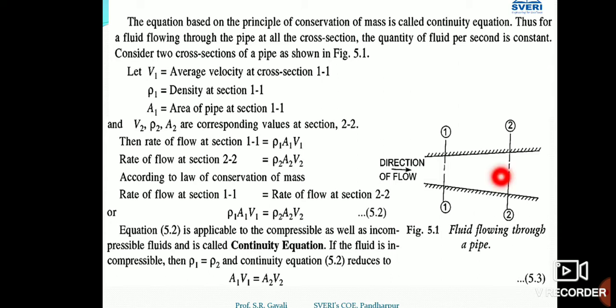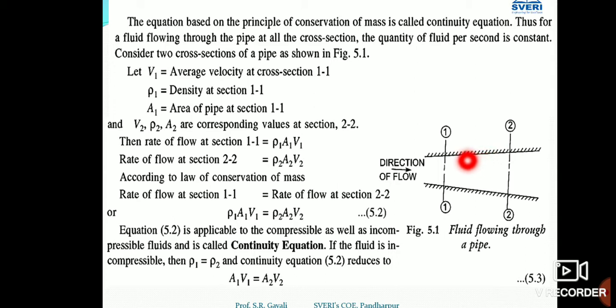If we consider a pipe and two sections, section 1 and section 2, then according to the principle of conservation of mass, the mass of flowing fluid at section 1 should be equal to the mass of fluid flowing at section 2.